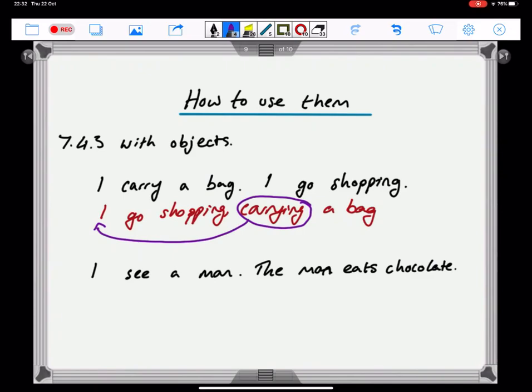So one of the useful things about participles is they can extend phrases by giving you descriptions of members of them. Carrying describes me as an adjective. You could say I, the person dressed in purple, go shopping. I carrying a bag, the carrying then has an object as well.